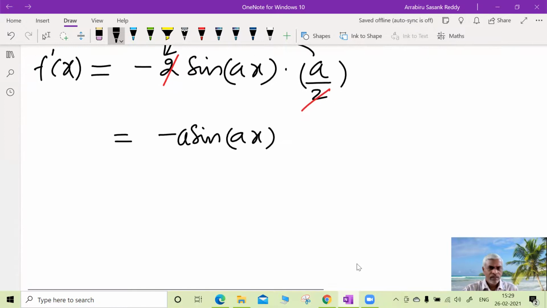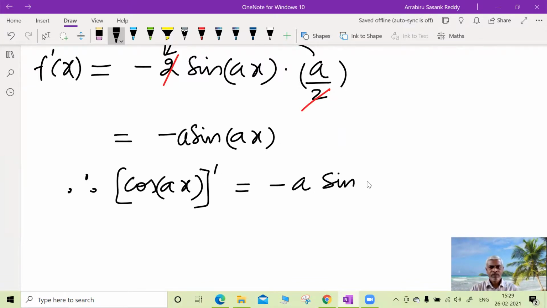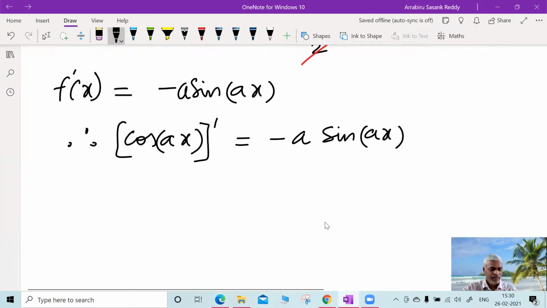So the derivative of cos ax is minus a into sine ax. So this is the derivative by first principle.